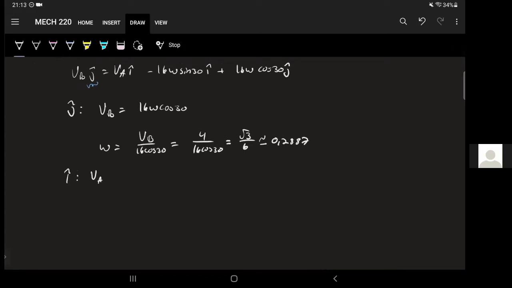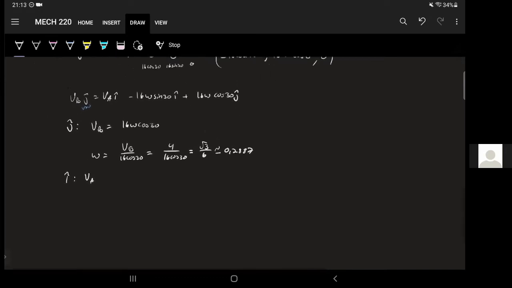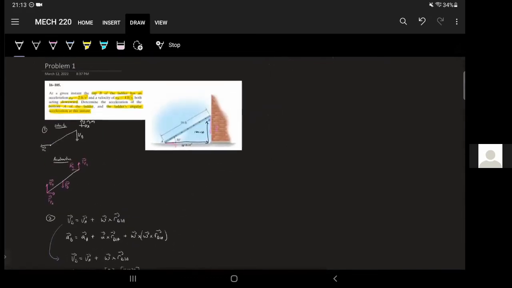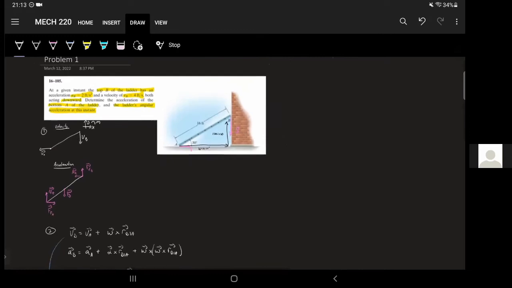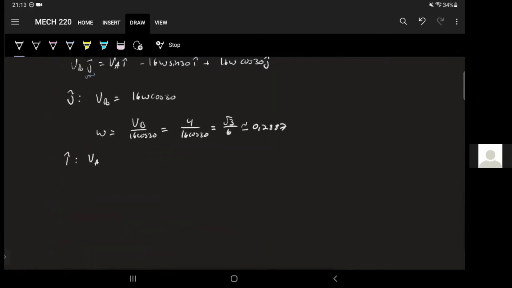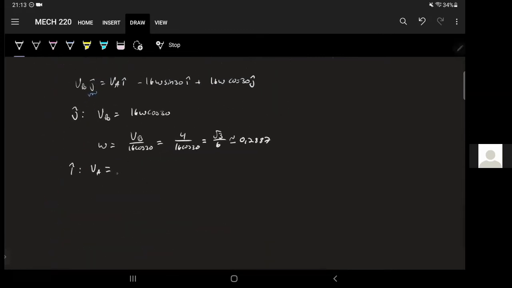and then using the i, we know that VA. So if we were asked to find VA, I don't remember if we were. We're not, but might as well. So it would be 0 equals VA minus 16 omega sine 30, right?